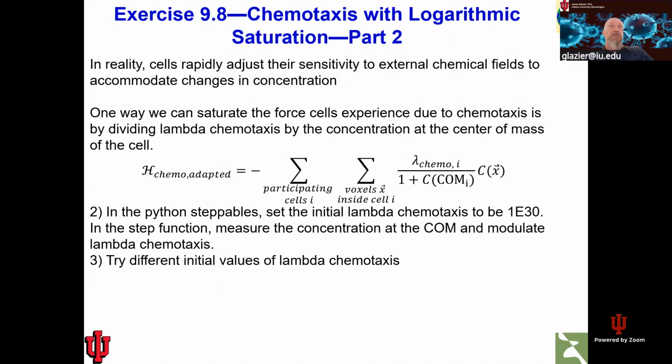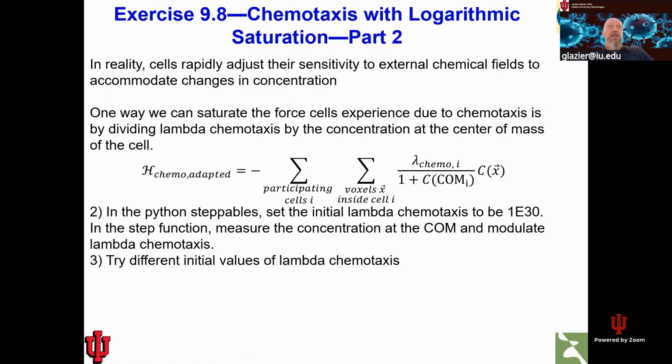There's something called logarithmic saturation, where you say that the chemical energy is actually lambda divided by 1 plus the concentration, times the concentration. So this is now a Michaelis function of the concentration.